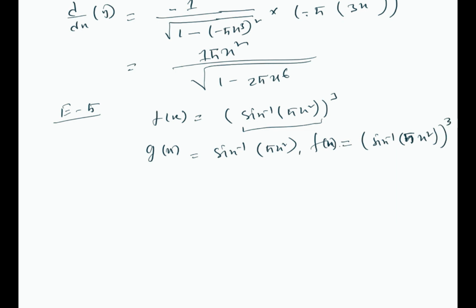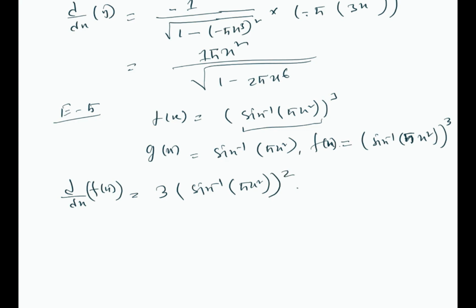So the derivative of this function, d/dx of f of x, is equal to, first we need to differentiate the outer function. We need to apply the power rule here because we have a power. So 3 times we need to write the base, inverse sine of 5x squared, then 3 minus 1 is equal to 2.